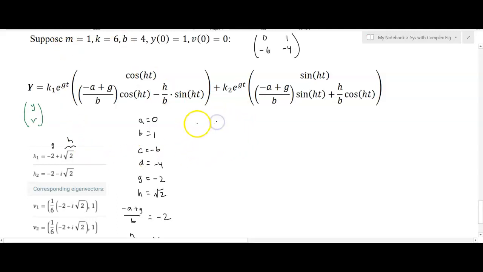Okay, so we're going to have y, v equals k1 e to the gt, so g is -2, so we can see we're going to have an exponentially decaying amplitude. Makes sense.